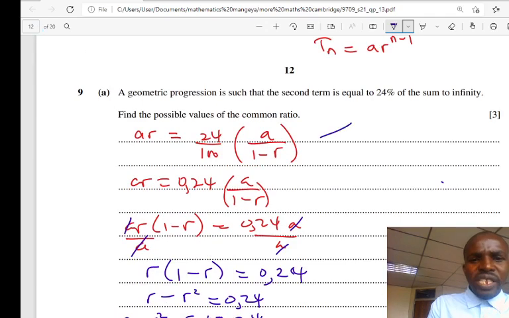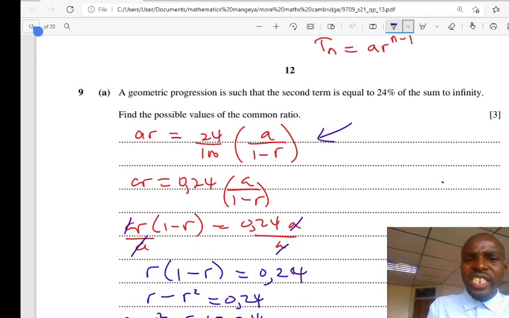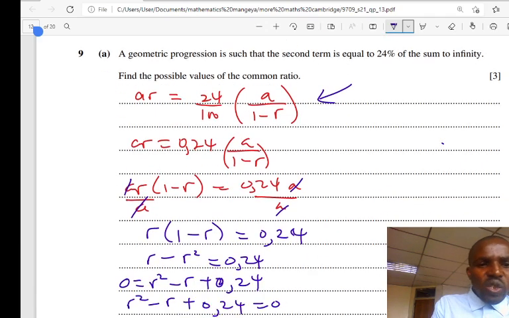There's a mistake somewhere there. The geometric progression said that the second term is equal to 24% of the sum to infinity, so this is 0.24. Then it's 1 minus r divided by r, here is 0.24a. Then a will cancel out, you'll be left with r squared equal to 0.24.